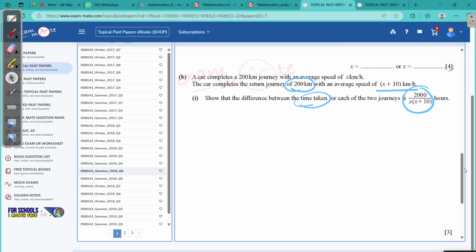The difference between the time taken, so you're subtracting the times. Obviously, time is equal to distance over speed. So the first one is going to be 200 over x, and the next one is going to be 200 over x plus 10.